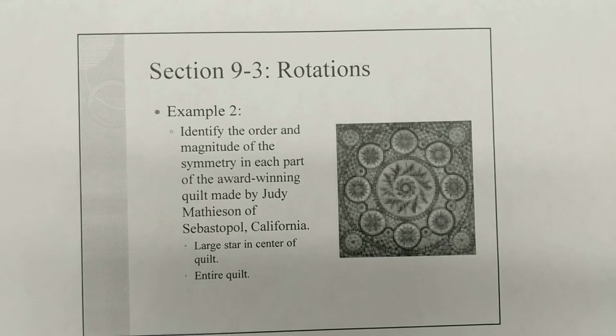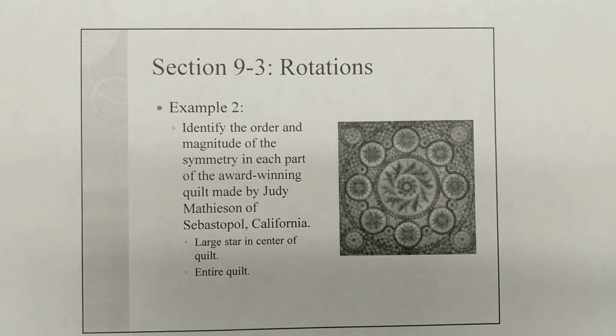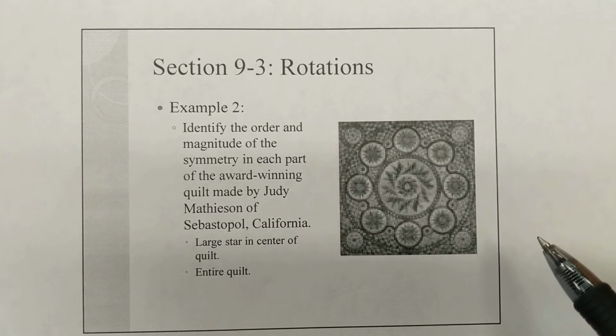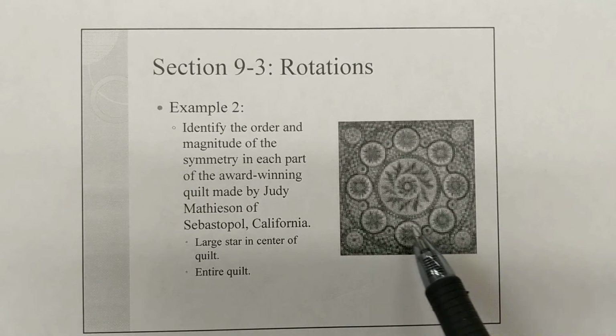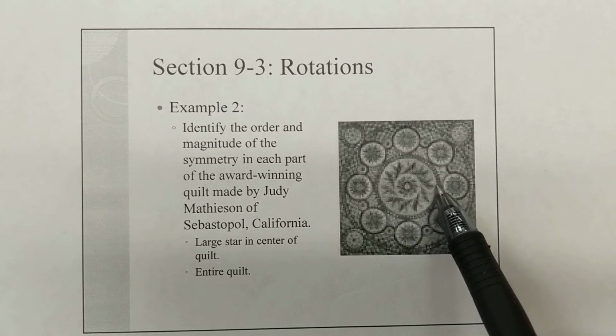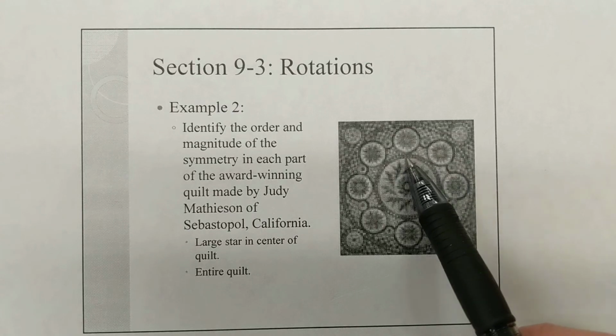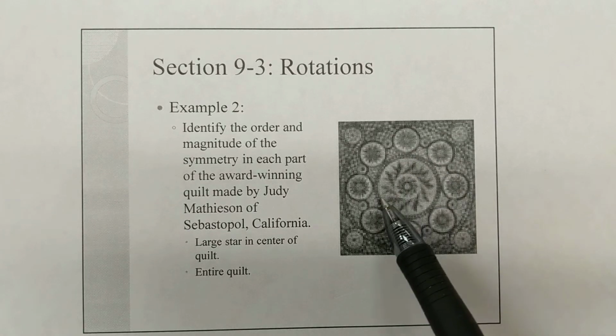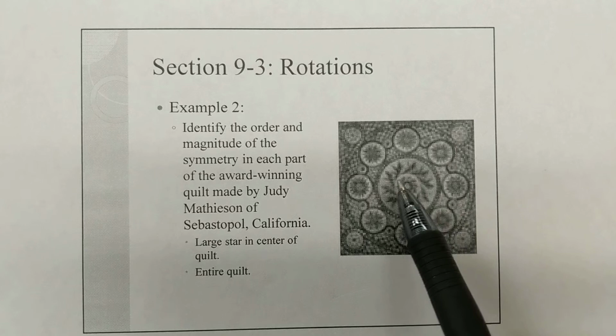So example 2 down here: identify the order and magnitude of each symmetry in each part of the quilt shown on the right here. So the large star in the center of the quilt, this one's kind of tricky because it's hard to see the number of points, but 1, 2, 3, 4, 5, 6, 7, 8 points. No, I think there's 10. Start at a different place.